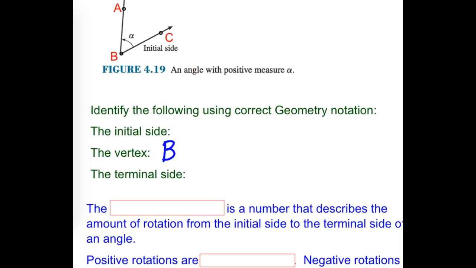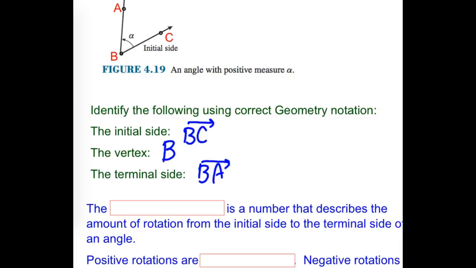How would we label the initial side? Okay, so it is BC, but it's a ray, right? It has an endpoint and then an arrow. So we did this symbol. Yes? And then our terminal side would be BA.